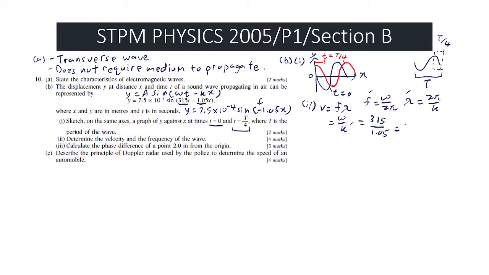So this is 300 meter per second. Now we have another task, frequency. We just apply this formula here. Find 2 pi, I get 50.1 Hz.